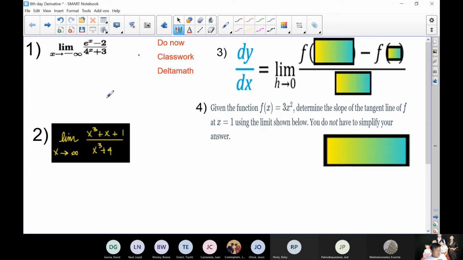Negative infinity. Anybody has it? Answer it. Come on. Is it E over 4? E over 4. Anyone else? David.